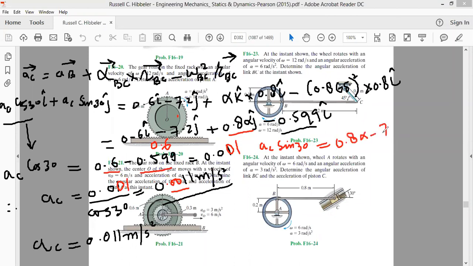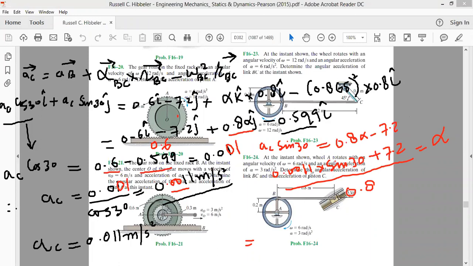AC is 0.0011 multiplied by sine 30, plus 7.2 divided by 0.8 will equal the value of alpha.